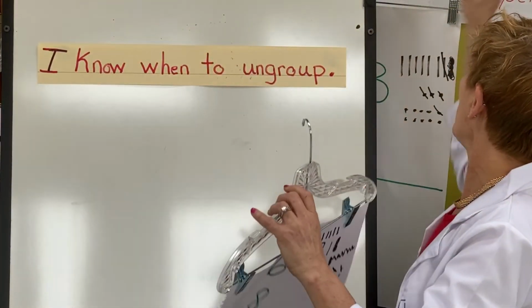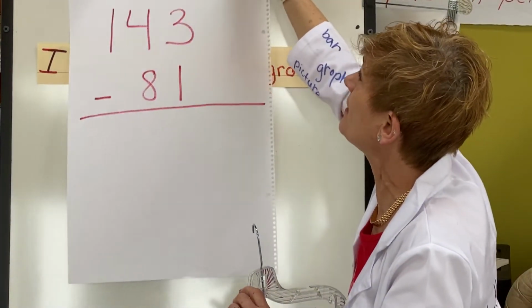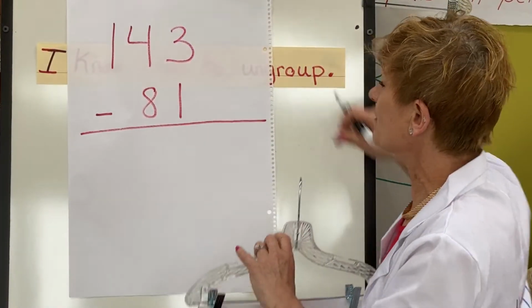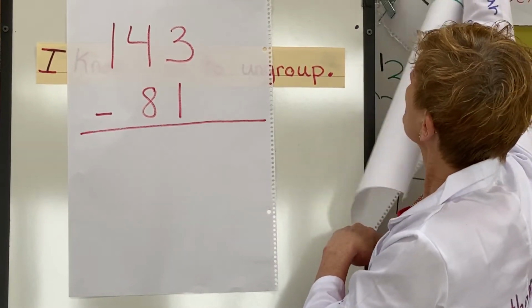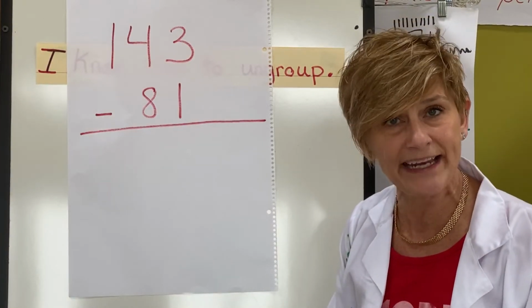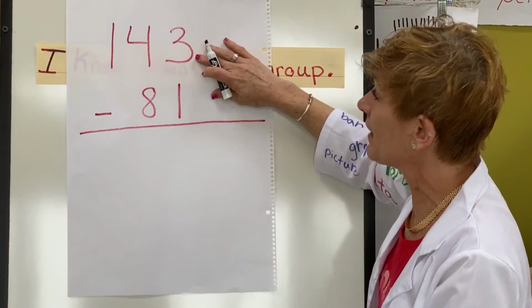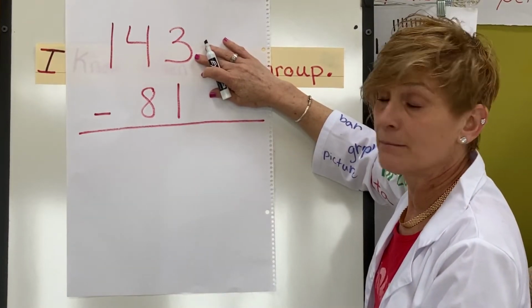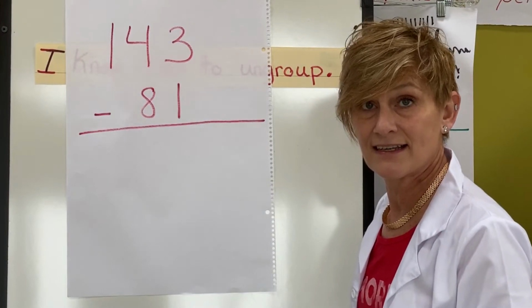Friends, last one. Let's look at this one. You can put this on your board. 143. Take away 81. Do I have enough, friends? Look at your picture. Do I need to ungroup? Maybe I don't have to ungroup in my ones. Maybe I'm ungrouping here because I don't have enough tens.